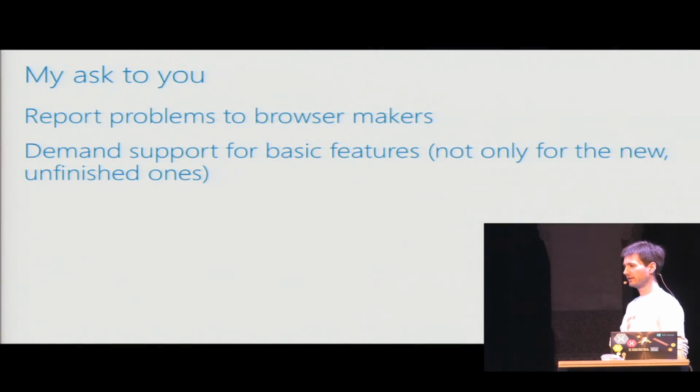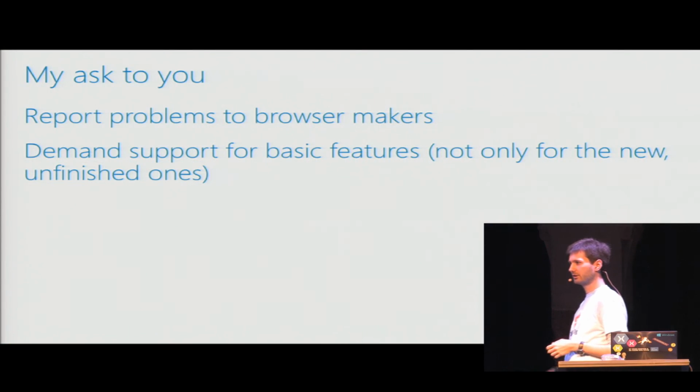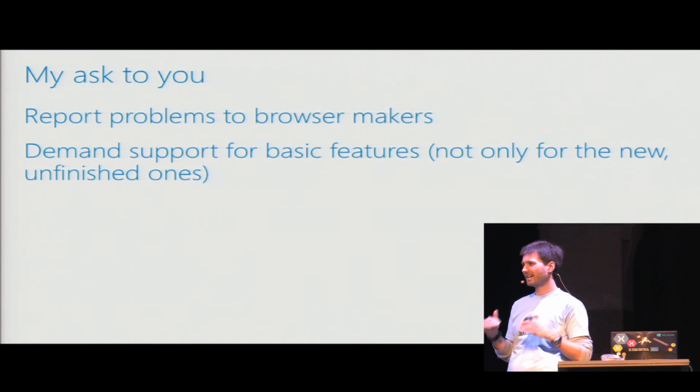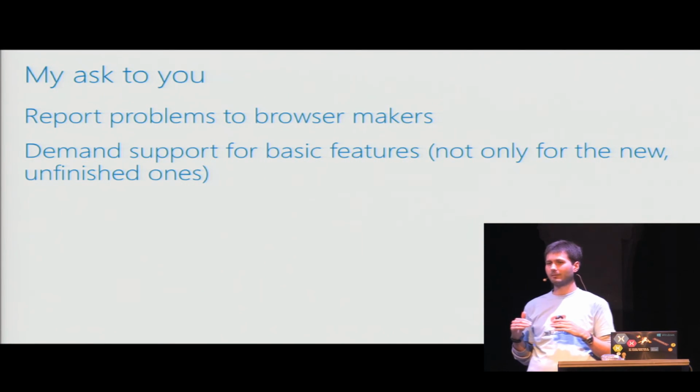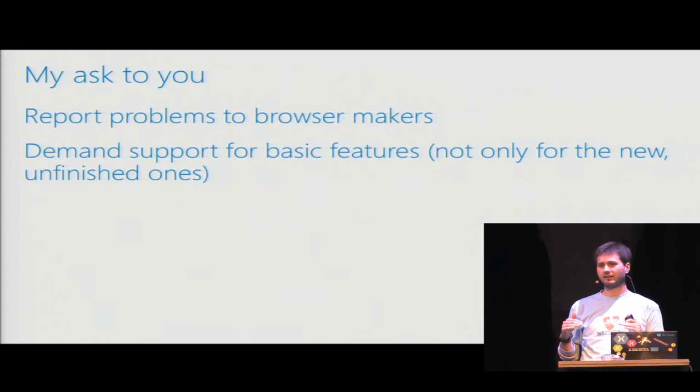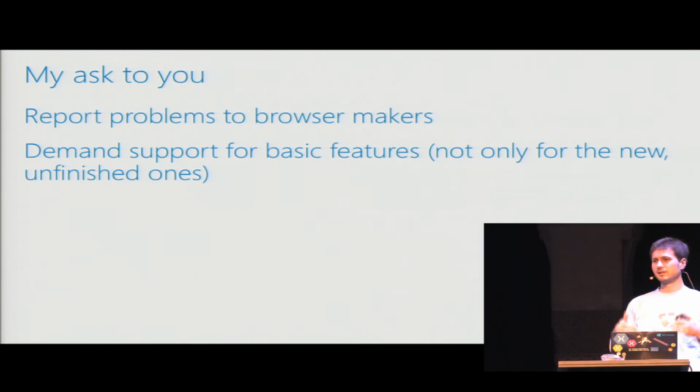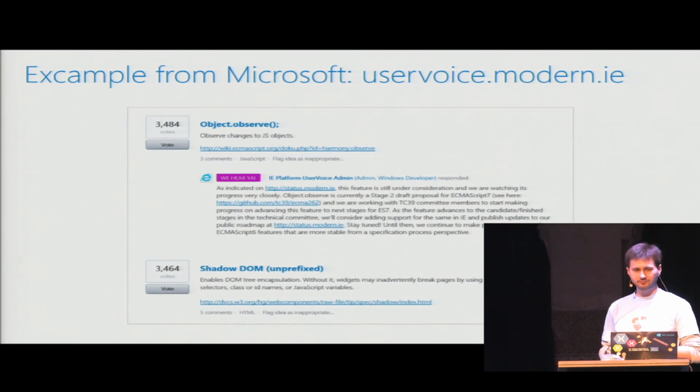The second thing I want you to do is start asking for basic features and not only the new and unfinished ones, because there are still lots of unstable features out there in the web space, and we need to get these to a stable point before adding new eye candy on top and having the same problem again and again, that people on certain browsers will not get the best experience of our website.